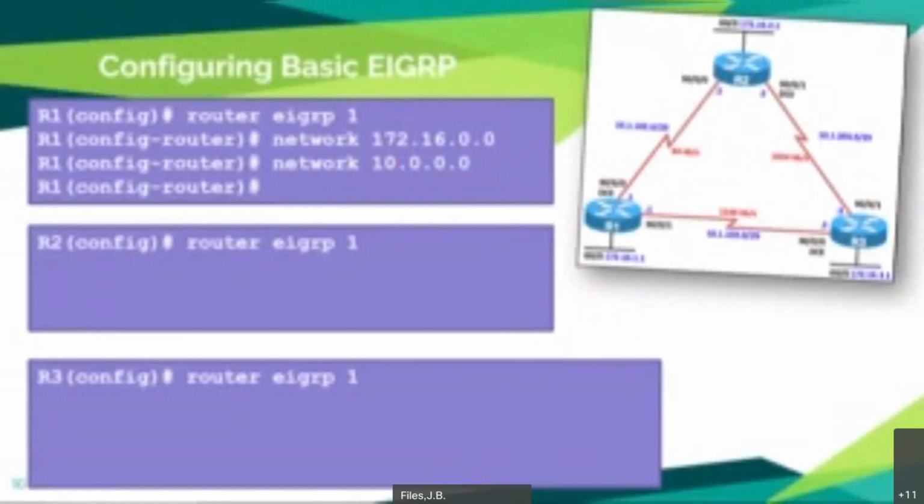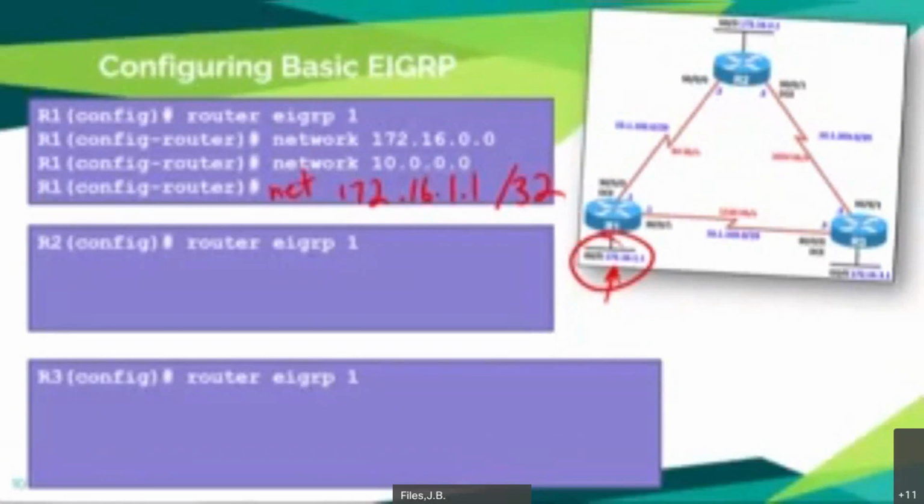Or you could do a /32, right? Here we could do, network 172.16.1.1, and then do a /32, okay, which would be all zeros in a wildcard mask. And then that would tell this to participate.